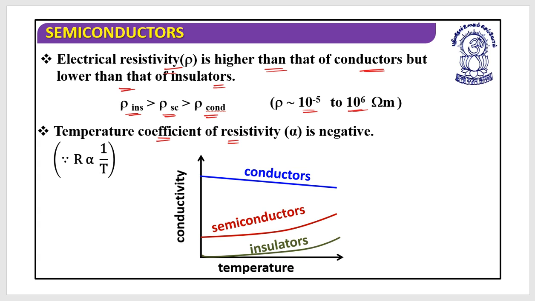The temperature coefficient of resistivity is negative. So let's look at this. The graph shows the relation of conductivity versus temperature. As you can see, as temperature increases, the conductivity of conductors decreases by a little.